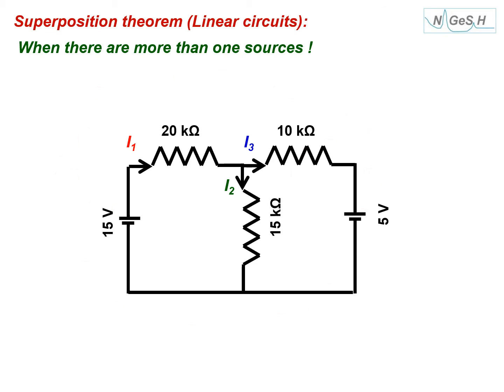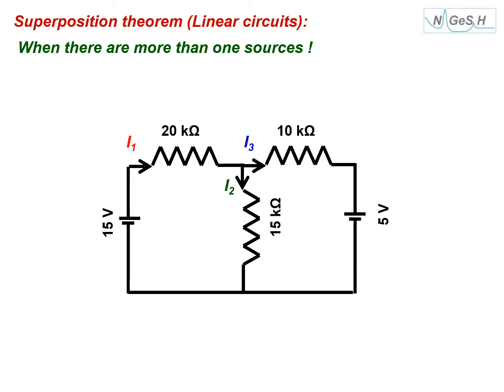The superposition theorem says that the current through any branch or voltage across any element in a given circuit will be the algebraic sum of all such currents and voltages that are independently produced by each source. The currents and voltages produced by each source independently, and you take the algebraic sum of all those currents or voltages at a point of your interest, you will get the final result.